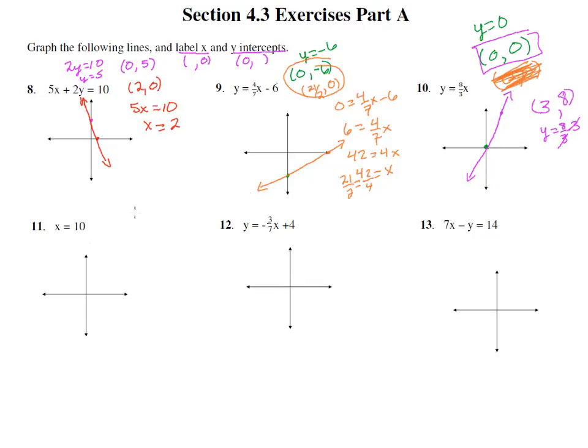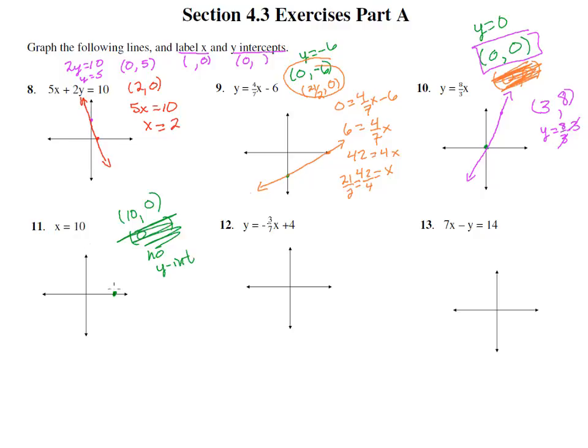Number 11, x equals 10. All right, so let's stick in y as 0, and hey, we get 10. Look at that. Now, we know that this does something a little bit weird, but if you try to stick in 0 for x, nope, doesn't happen. You get 0 equals 10. Never happens. So there is no y-intercept.